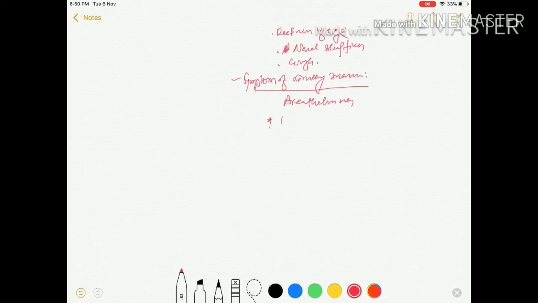Here is a catch. In bronchiolitis, there is severe respiratory distress, in a range of respiratory rate of 60 to 100 per minute.